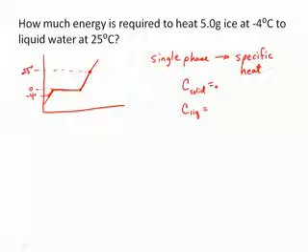So anyway, I'm looking for some of these constants. We know for liquid it's 4.18 joules per gram degrees Celsius. And for solid, here we go, it is 2.03 joules per gram degrees Celsius.